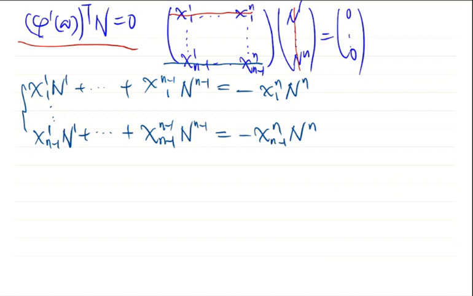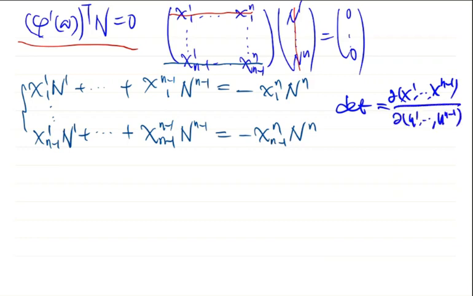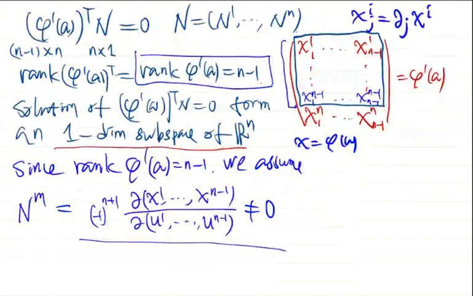So we get this equation. The determinant of the coefficient matrix of this equation is not 0. The determinant is precisely the Jacobian of x_1, ..., x_{n-1} over u_1, ..., u_{n-1}. All the partial derivatives are taken at the point A. I forgot to mention this because we are considering the point A. So this is not 0. This is our assumption that our capital N_n is not 0.